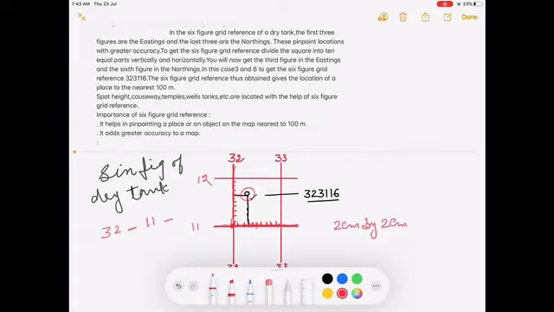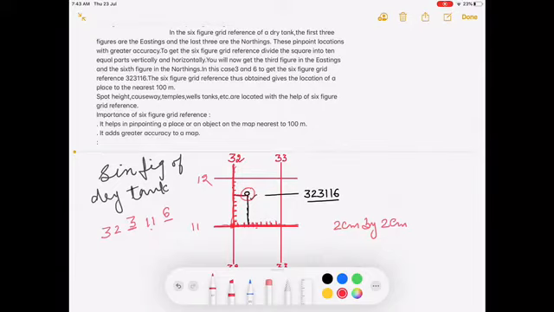So 32 and 3 we are going to write, right? And then the northing we have already written is 11. Now we will be moving towards the northward point. This line also we have divided into 10 equal parts. Now you will start counting from here: 1, 2, 3, 4, 5, 6. So you are going to write 6 here.